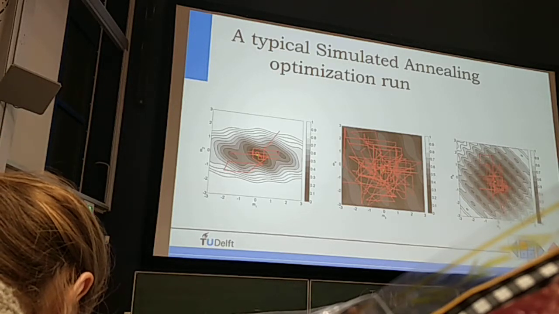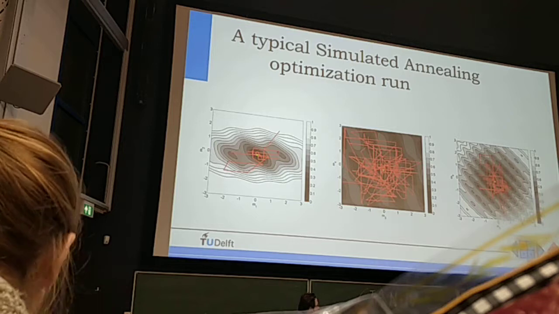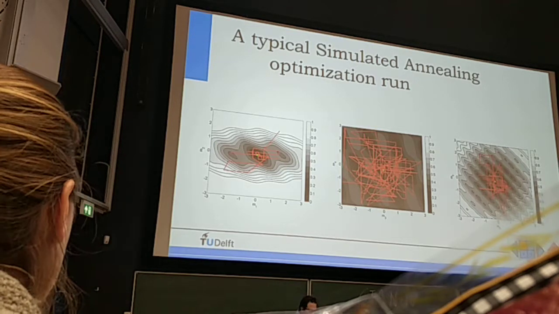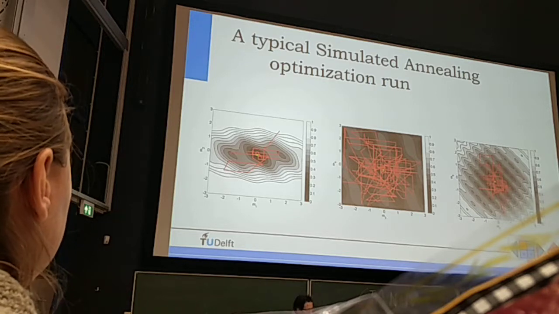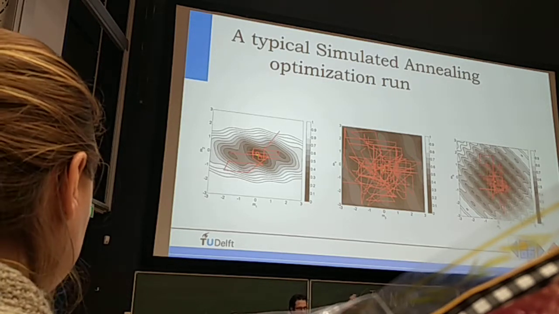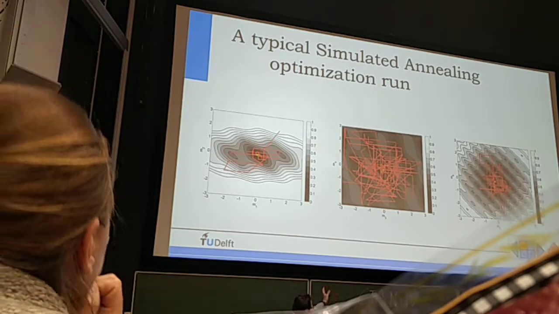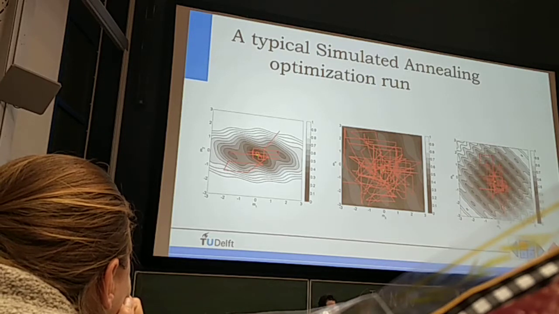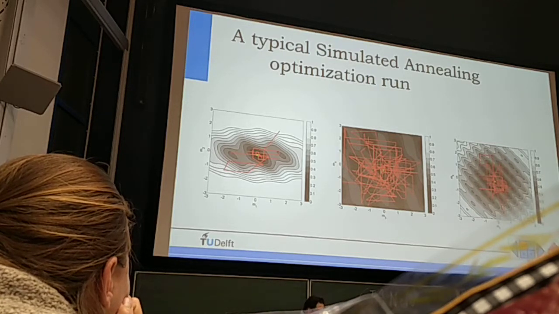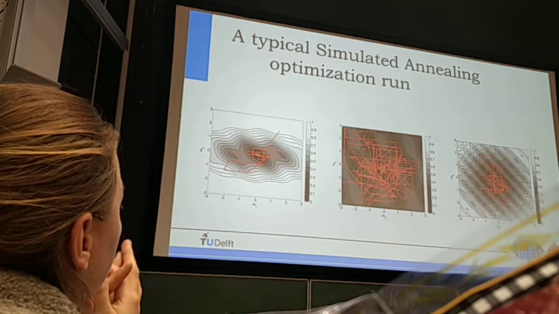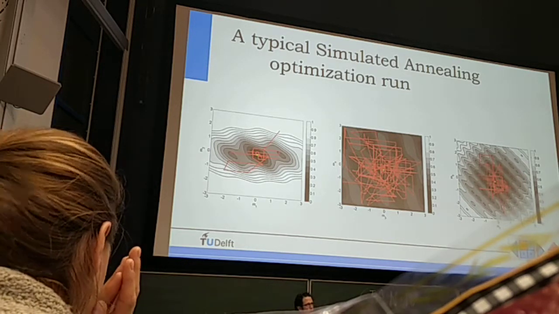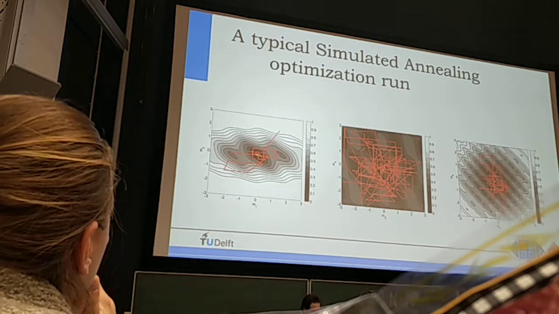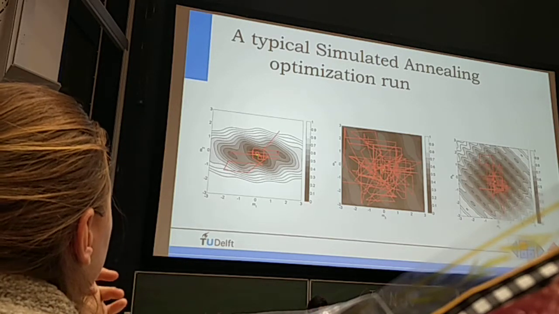There you can basically see that it springs all throughout, and at one point it centers, and hopefully it will center right on the global optimum, but there's no guarantee. Because of the randomness, it might actually jump to a local optimum and stick there. So if you run it a couple of times, what you'll see is that probably every time you'll end up with a different solution, or at least the way to the solution will be different every time.